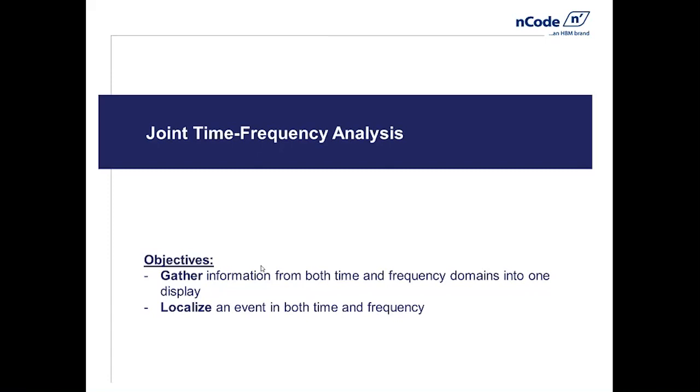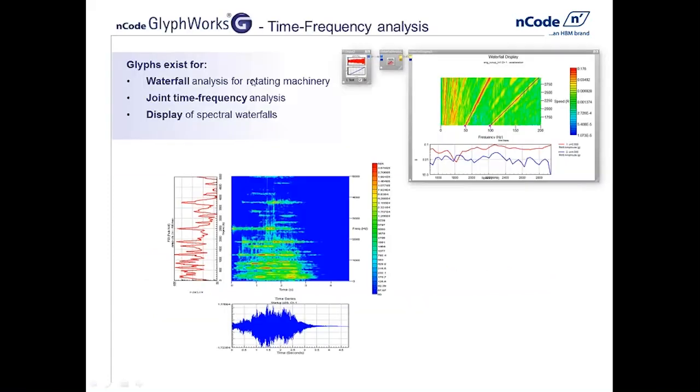So the objectives are essentially, as I said before, to gather information from both the time and frequency domains into one easy to understand plot, but also we want to localize in time and in frequency some specific events, like when did it occur and what frequency did it excite, for instance.